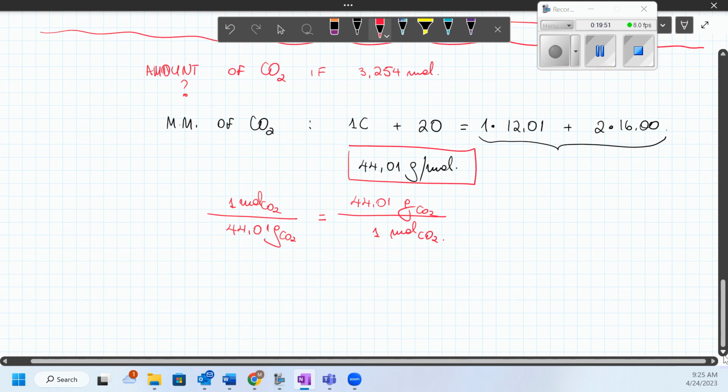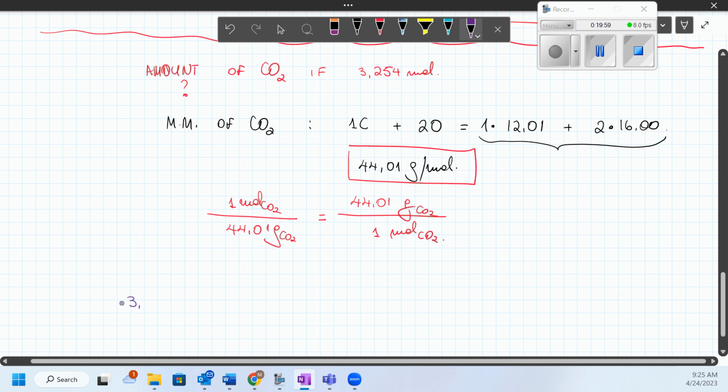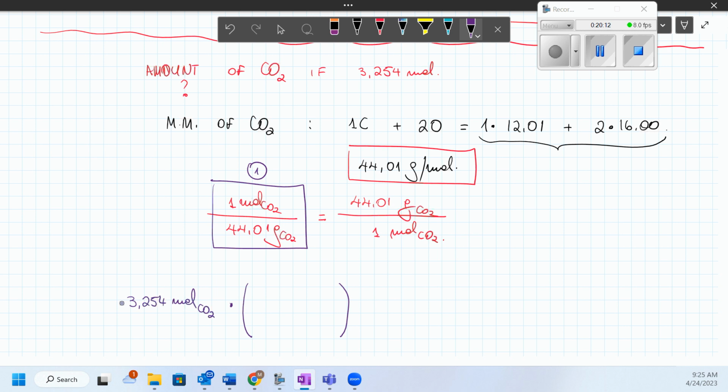The second step is to do stoichiometry. So stoichiometry means that you are starting with what is given, and in our case it is 3.254 moles of carbon dioxide, and then you move using the ratios, ratio 1 and ratio 2, so that you cancel the previous unit.